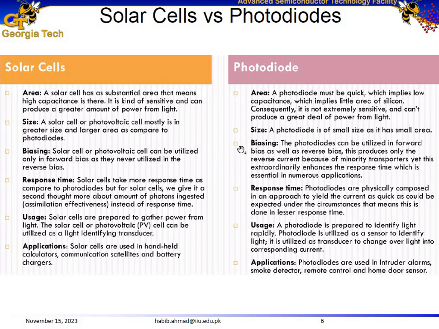While in case of a photodiode, we don't really care about large electrical power. Even small electrical power is sufficient.